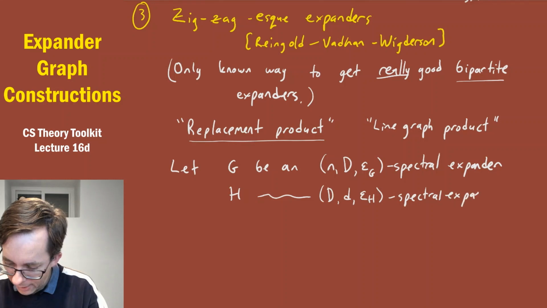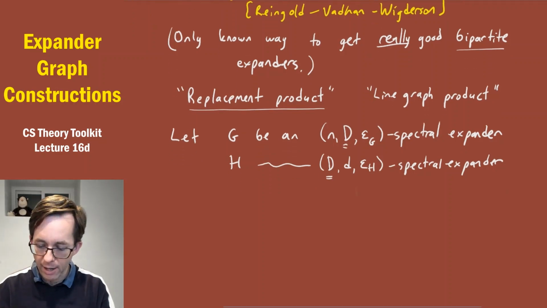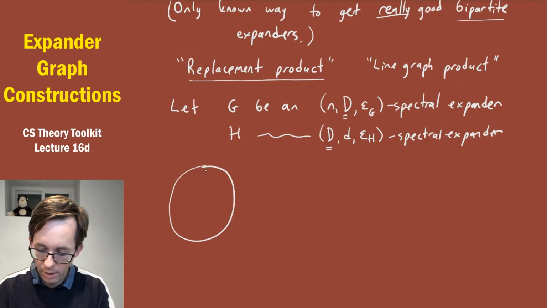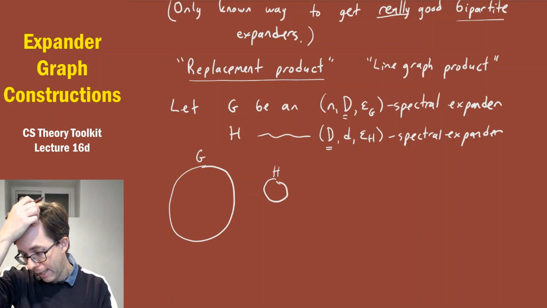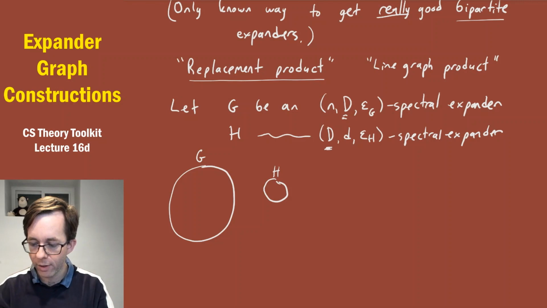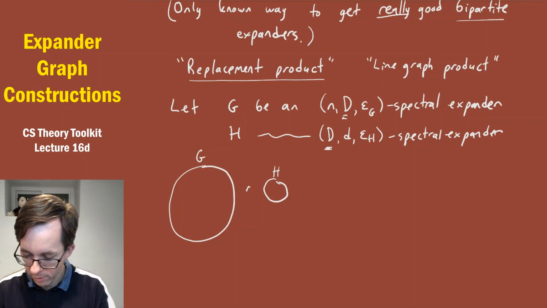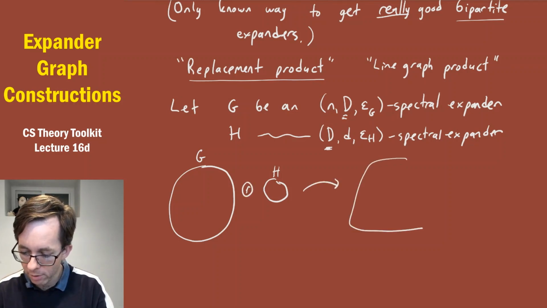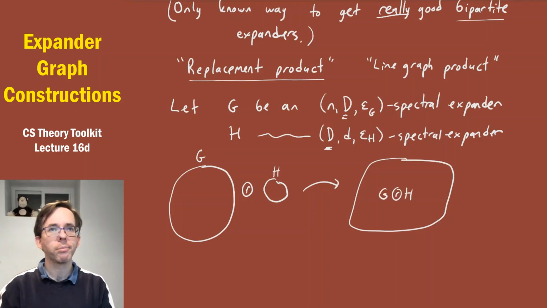The funny thing here is that the number of vertices of H is equal to the degree of G. So think of G as a big graph, and think of H as a little graph. They have this compatibility condition that the number of vertices of H is equal to the degree of G. And there's this thing called the replacement product, written R in a circle, that takes G and H and makes a new, even bigger graph. This is G replacement product H.